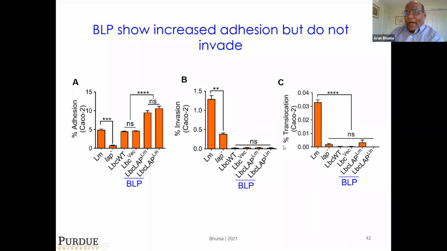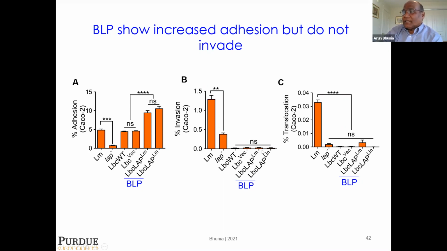Then the first question we ask: do they adhere? Do they colonize? In the Caco-2 cell model, you can clearly see this BLP strain has higher adhesion. We compare that with LM as our control. And the wild type you can see is the same as LM adhesion, but you can enhance the adhesion capacity of the bioengineered probiotic to Caco-2 cells. But do they invade?